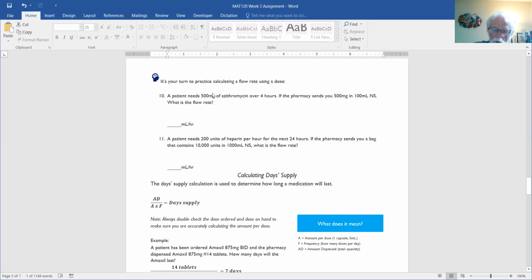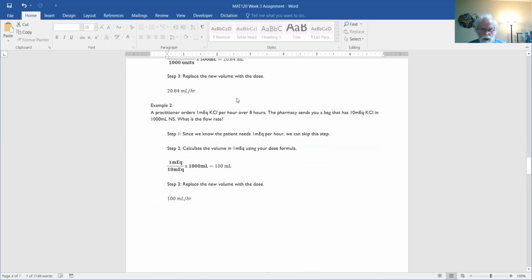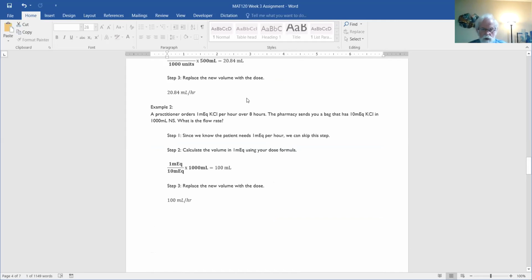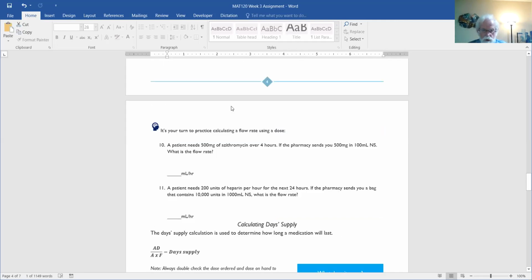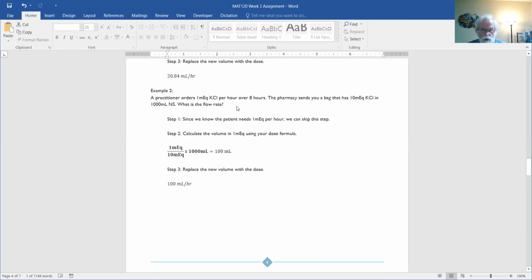Again, when the entire contents of a bag are going in, we'll look at the units next. But if you look up here, in this particular one, obviously the entire contents of the bag are not going into the patient. We will stop this at 8 hours.